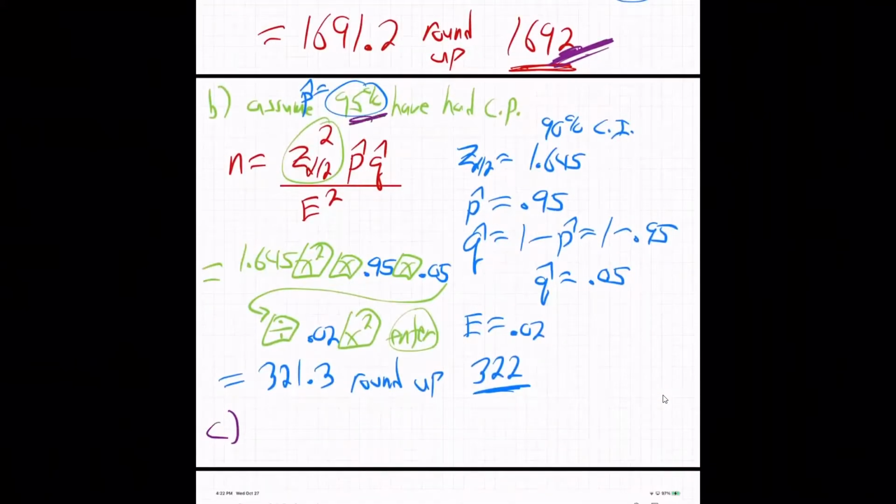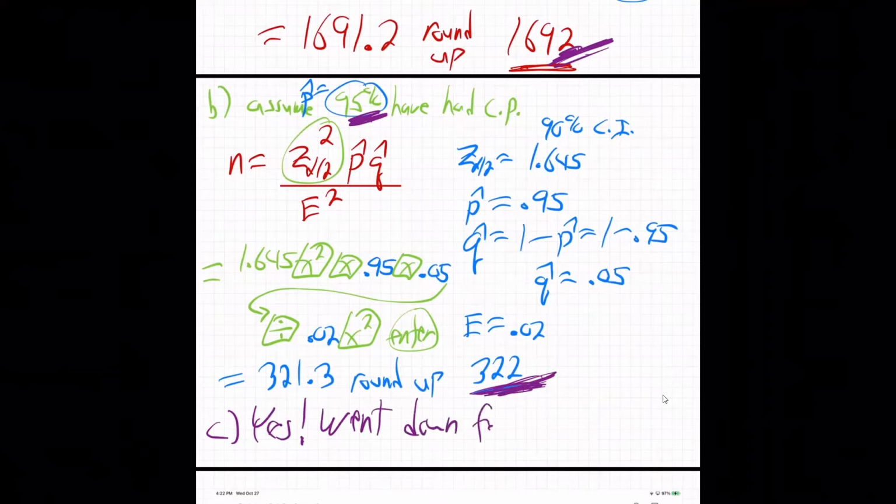versus in part B, when we assumed that the percentage of people that have had chickenpox was real close to 95%. That changed. And now to get the same kind of confidence and accuracy, we only need to sample 322 people. Did that make a difference? Yes, for sure. It went way down from 1,692 to 322.